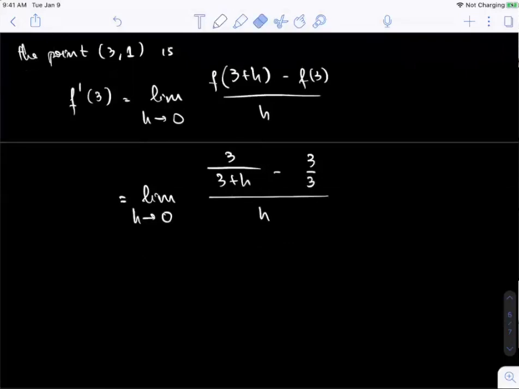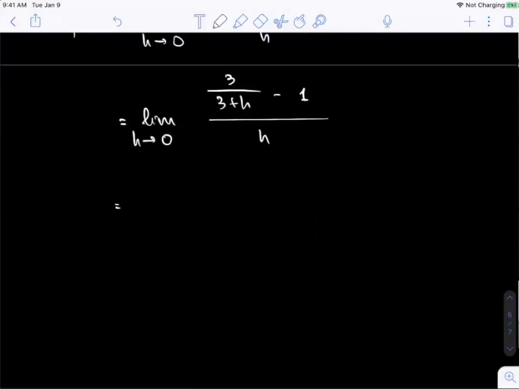I'm just going to write down 1 instead of 3 over 3. So let's combine the numerator together. You have the limit as h approaches 0 of 3 minus 3 plus h, divided by 3 plus h altogether, divided by h.